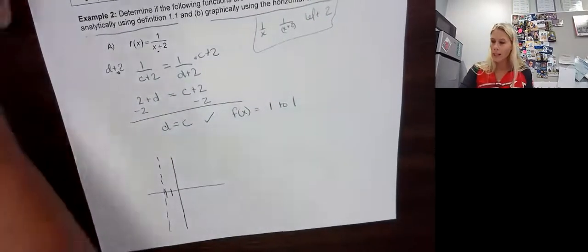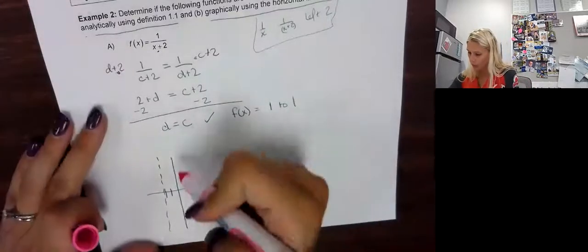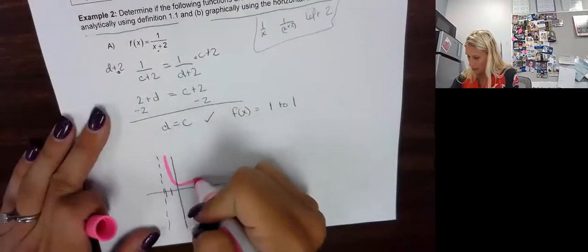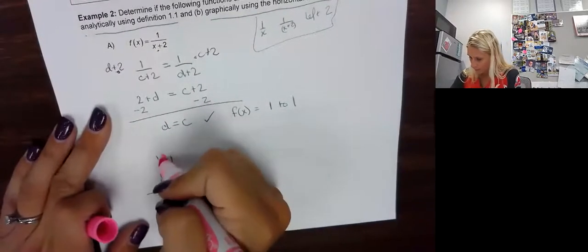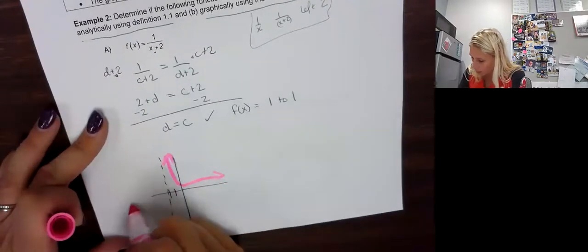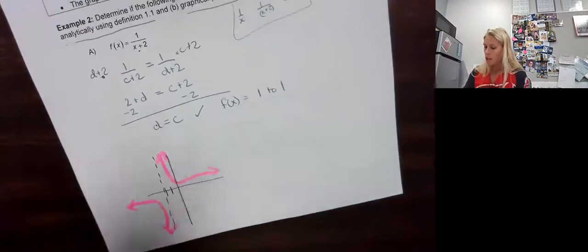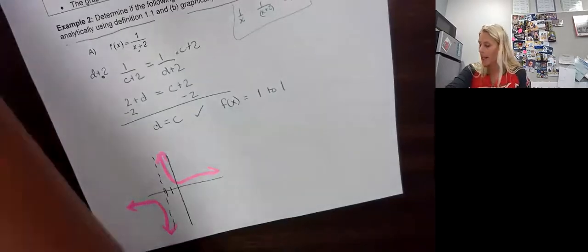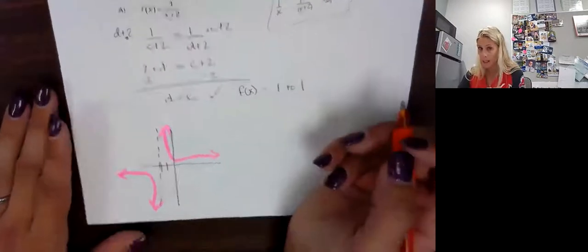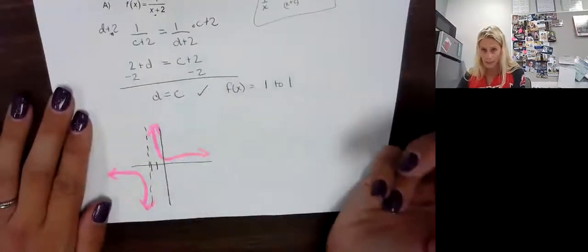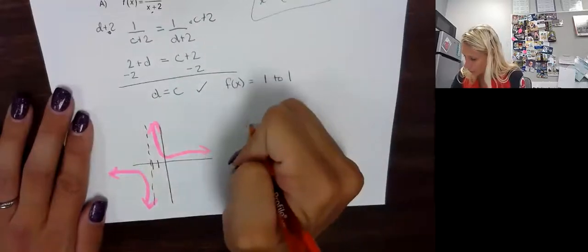And then if you look at the graph itself, it would look like this. Okay. Now, of course, that curve would look a little bit better. I'm getting messy with myself. So we can say, hey, it does pass the vertical line test.